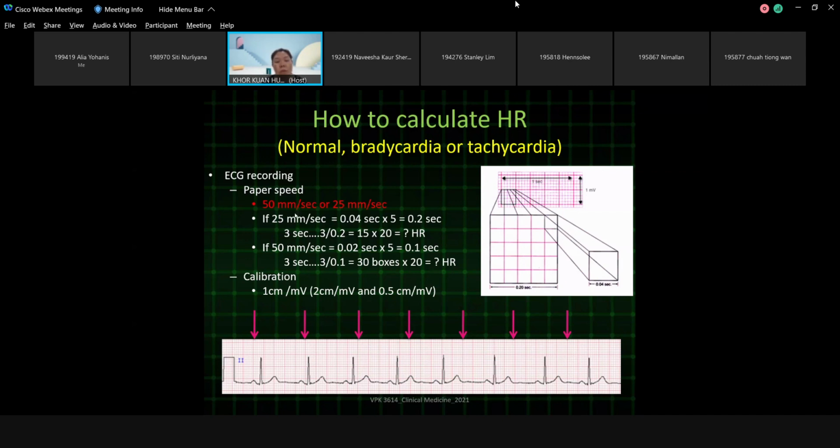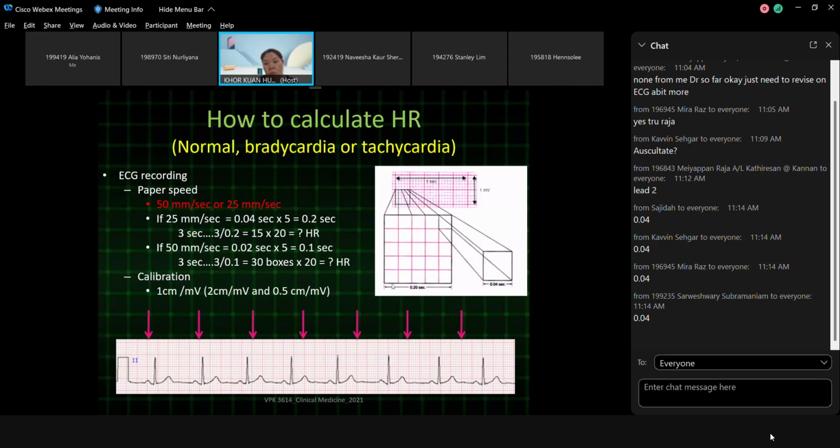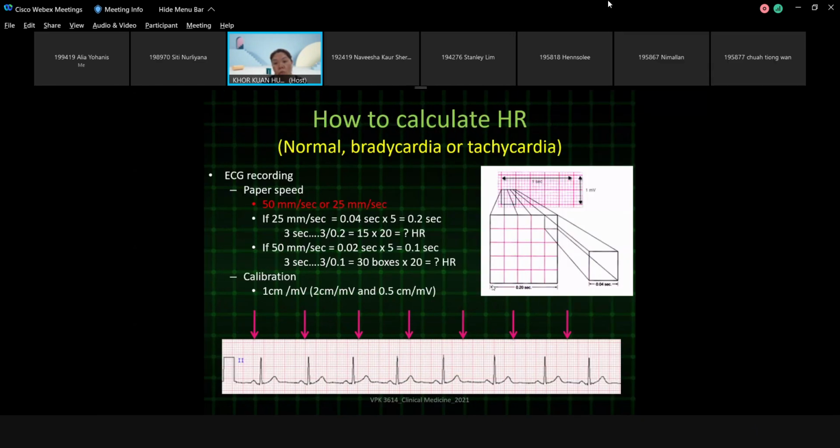So if it is a paper speed of 25 millimeter per second, can you press on your calculator right now? What is 1 over 25? 0.04. So this small box is 0.04 second.